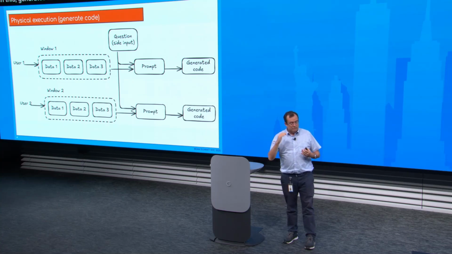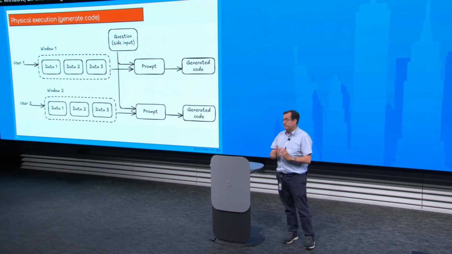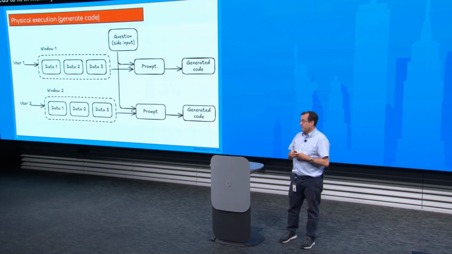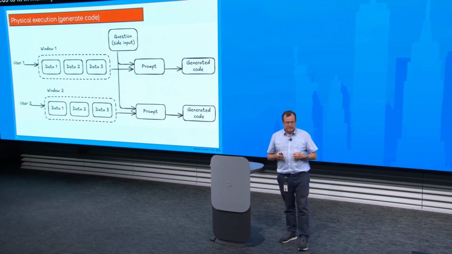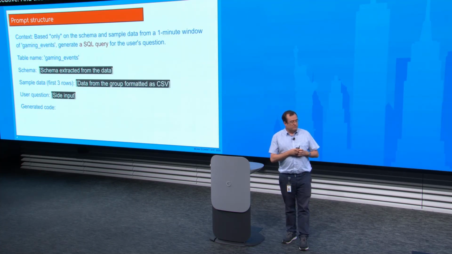This is why there's a vertical limit, because the window, all the data grouped together, and the question all together need to fit in memory in each one of the parallel workers that we're executing. And this is how the prompt of the example that we're going to share with you works.